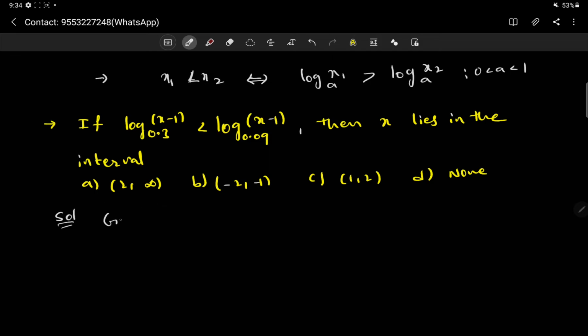I am going to take the given inequality. What is the given inequality here? Log of x minus 1 base 0.3 is less than log of x minus 1 base 0.09.